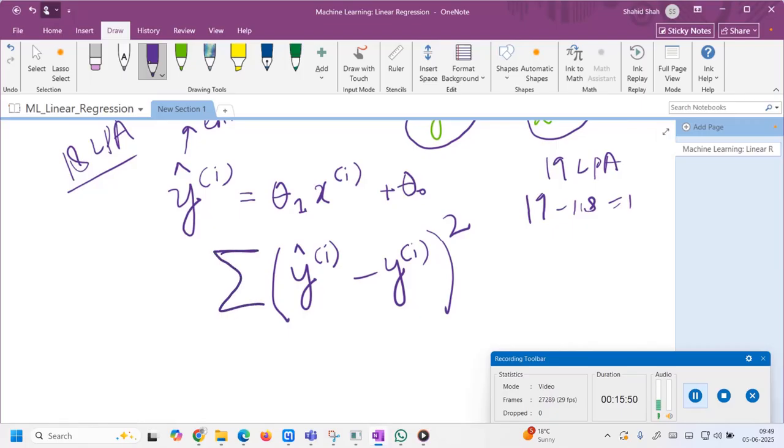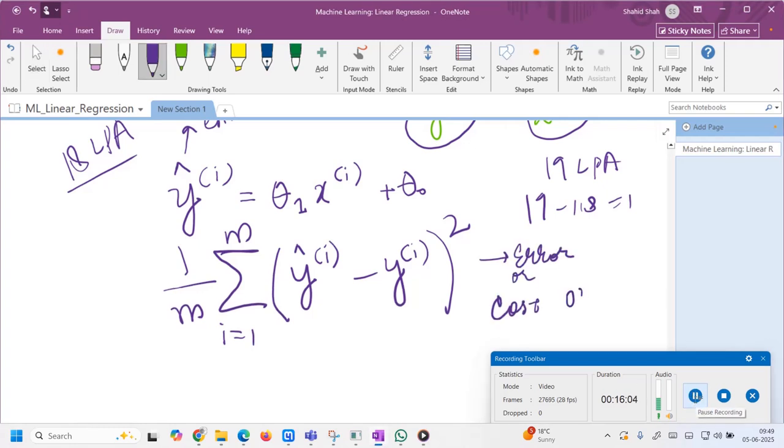You just sum it up, i equal to 1 to M, and then 1 by M will be the average. This is the average error, also called the average cost or loss function. Now for some reasons which we will see very soon, rather than 1 by M, I will write 1 by 2M. It will become very clear why I am writing 1 by 2M.